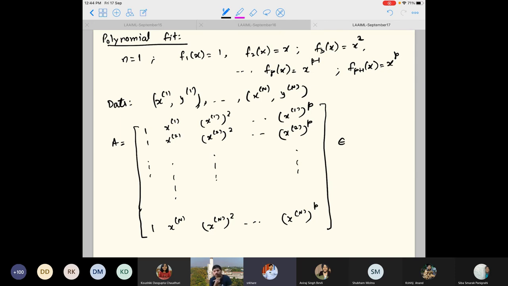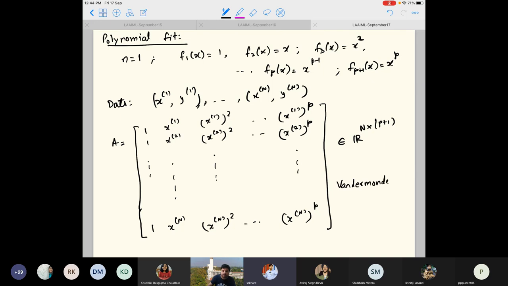So here, what is the size of this matrix A? N cross p plus 1. Okay, so this is the matrix that you have, and because of its special structure, 1 x1 square up to x1 to the power p, 1 x2 square x2 to the power p, this particular matrix is called a Vandermonde matrix.